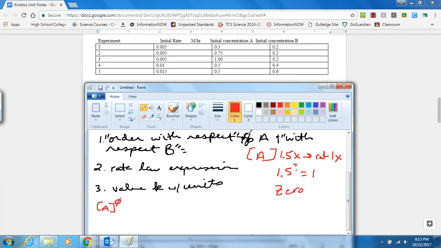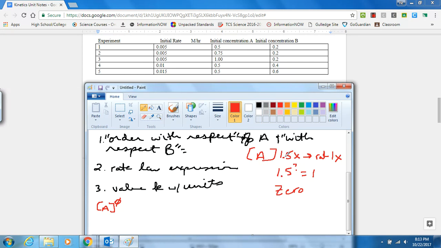The order with respect to A is 0. Now, how would I justify this on a free response question? Well, one thing you can do is say, with B held constant, my concentration of A in experiment 1 to 2 increases by 1.5 times, which causes my rate to not change. Therefore, my order with respect to A is 0 order.